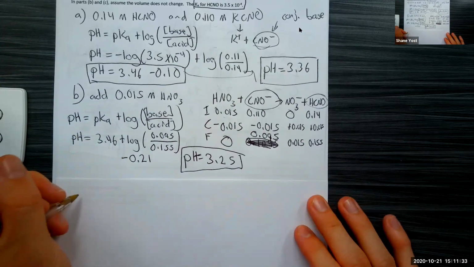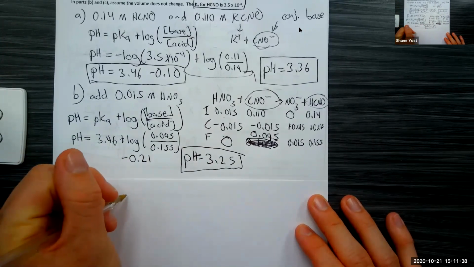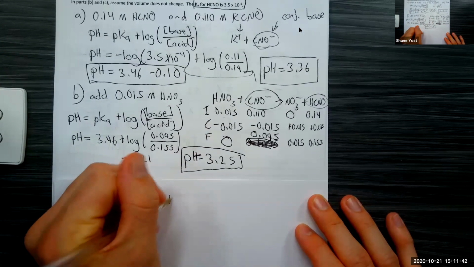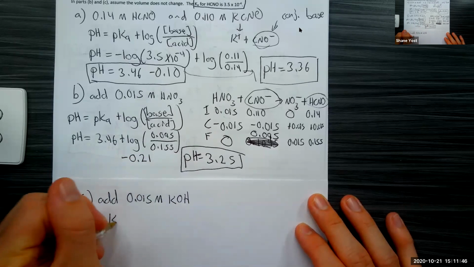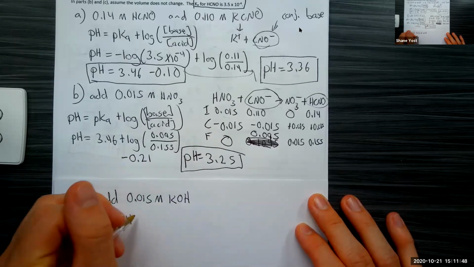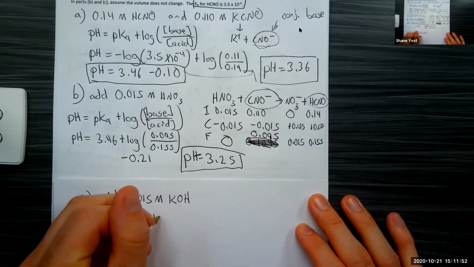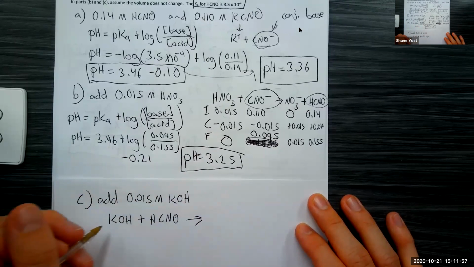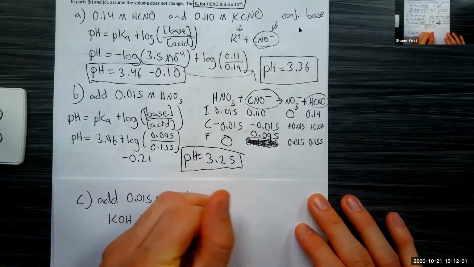Right, and then part C is a similar type of thing, where now I've added 0.015 molar of KOH. The KOH in this problem will react with my, I'm adding a base, so that will react with my acid, which is the HCNO, to form K plus CNO minus.